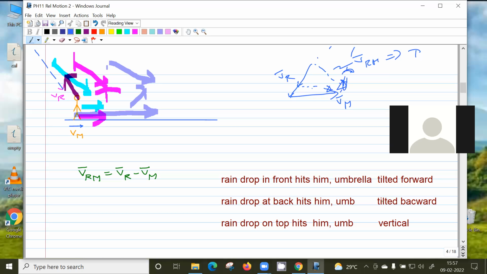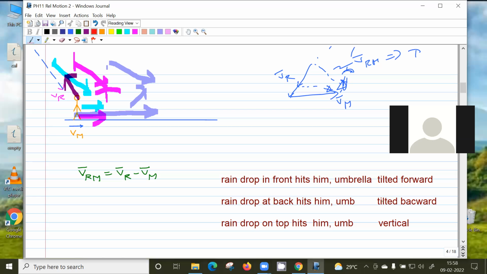Vertically downward one, minus VM. All the signs are included in the direction. Don't look at mathematics like that. It's VR plus minus of VM, then it will be vertically downward only, no? That depends on the magnitude of VR and VM.